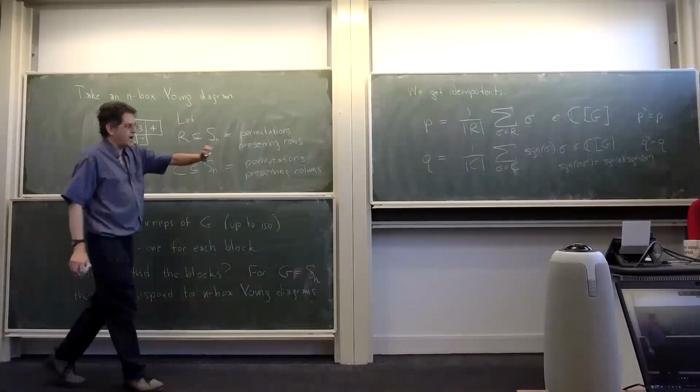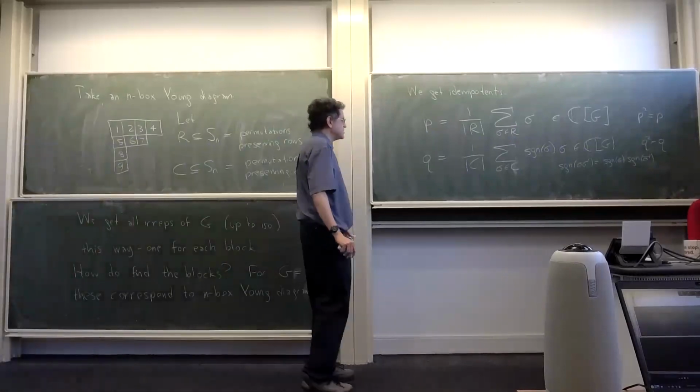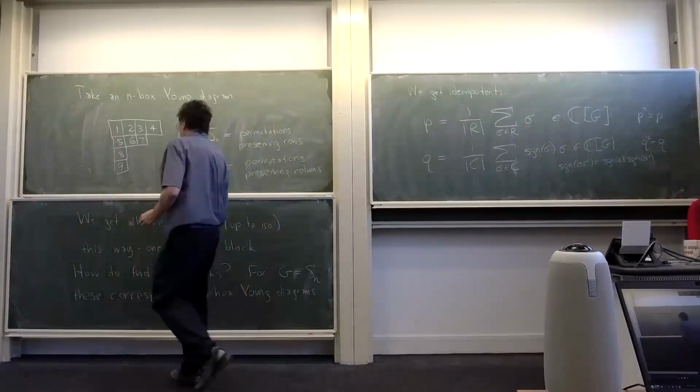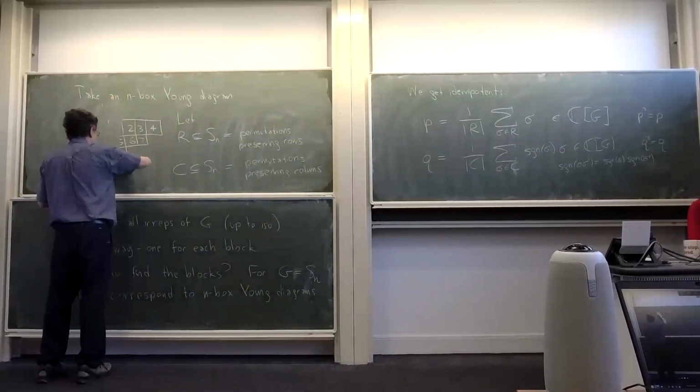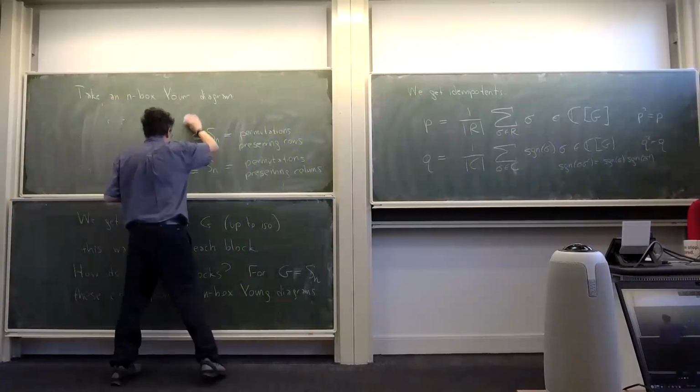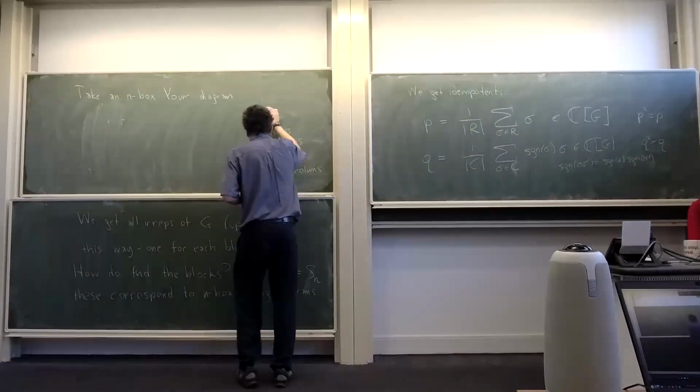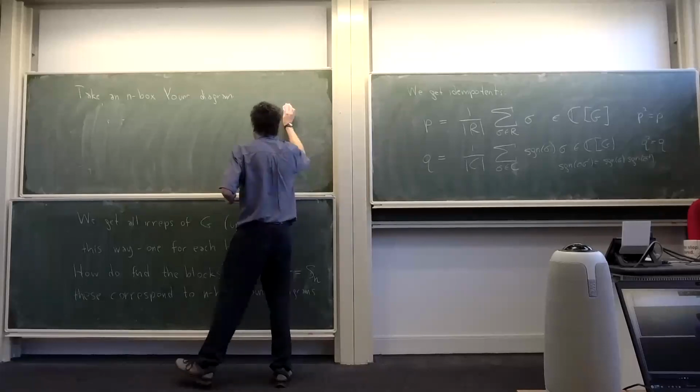But it turns out that these are not minimal idempotents. So what we want to do is combine them to get a smaller, in some sense, idempotent.